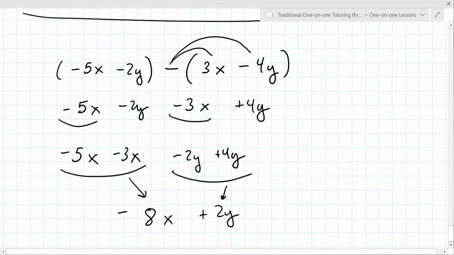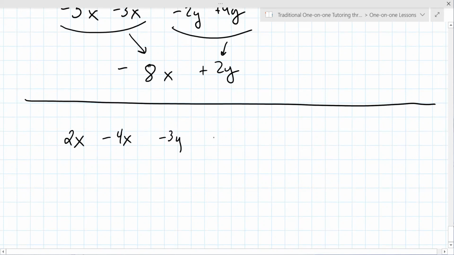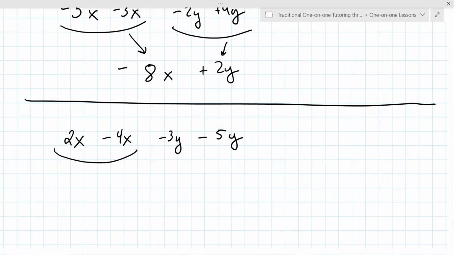Okay, so let's go back. Let's get some confidence here. 2x minus 4x minus 3y minus 5y. Do you see how these are the same terms? 2x minus 4x. Oh, wait. I think I remember now.